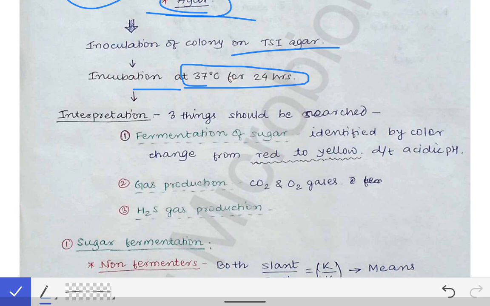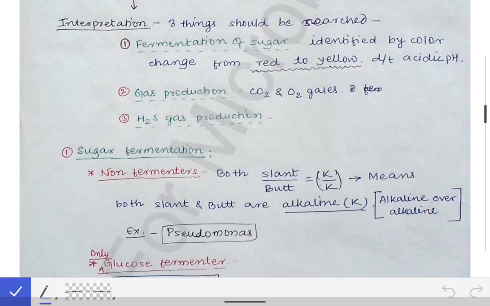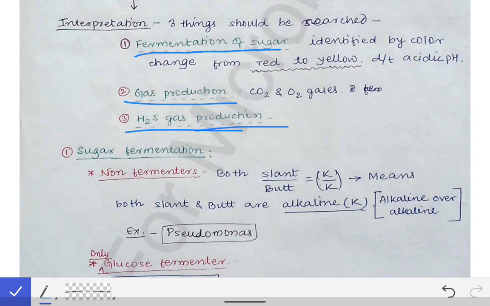In the interpretation, we look for three changes. What are those three changes? Whether the fermentation of sugar has occurred or not, whether any gas has been produced or not, and whether H2S gas production has occurred or not. So these three things should be looked for after the 24 hours have passed.